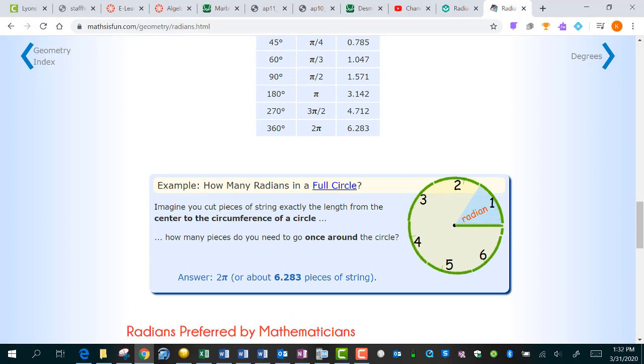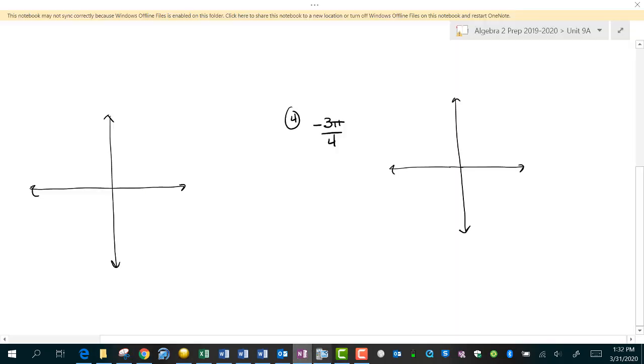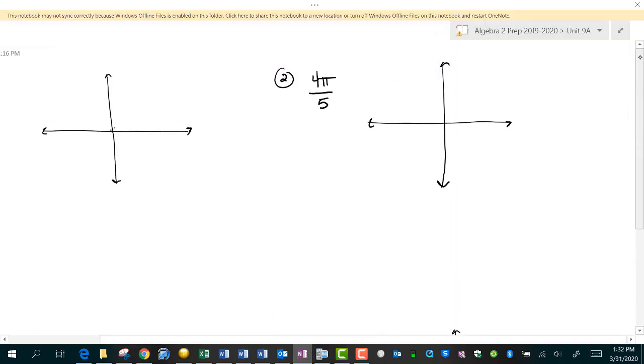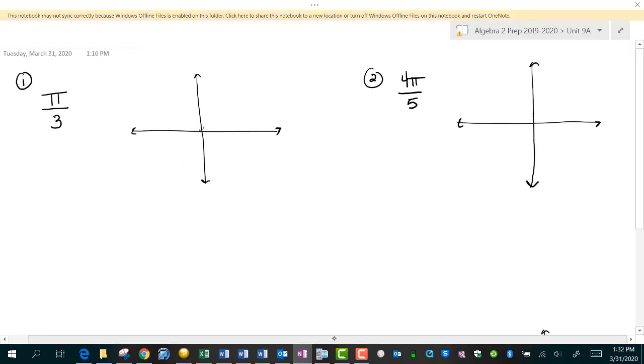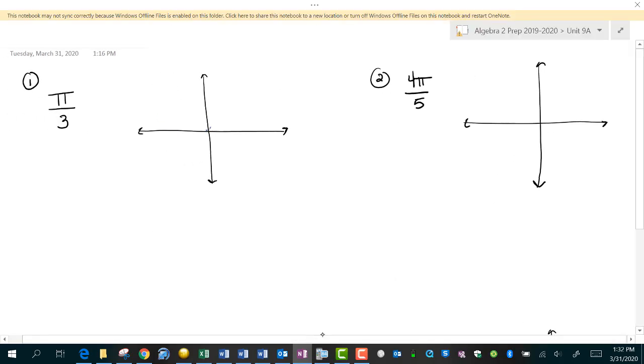But right now I want to show you some examples of graphing angles in radians. I have a few examples here. The first one is pi over 3. If we start with our initial side on the x-axis, remember this would be 0 pi.